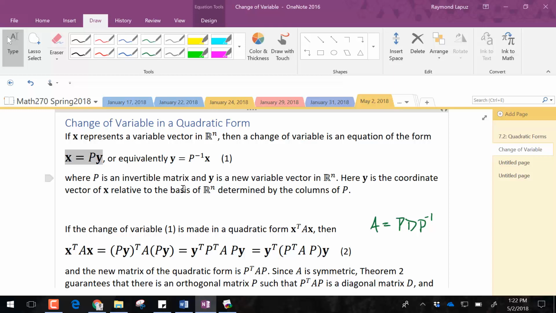But y is also a column vector, and so P times the column vector is a 3 by 1. 3 by 3 times a 3 by 1 is going to be a 3 by 1. Otherwise, you can't do it, right?